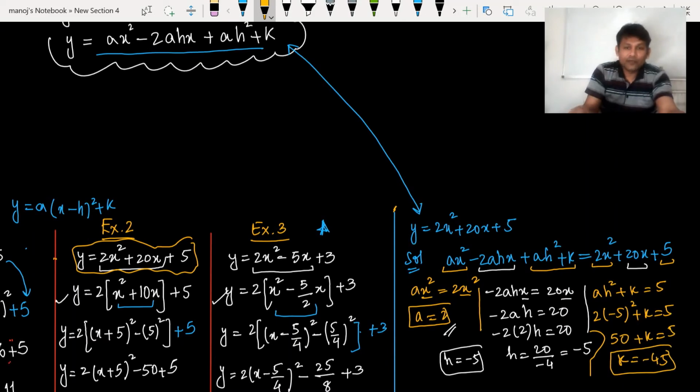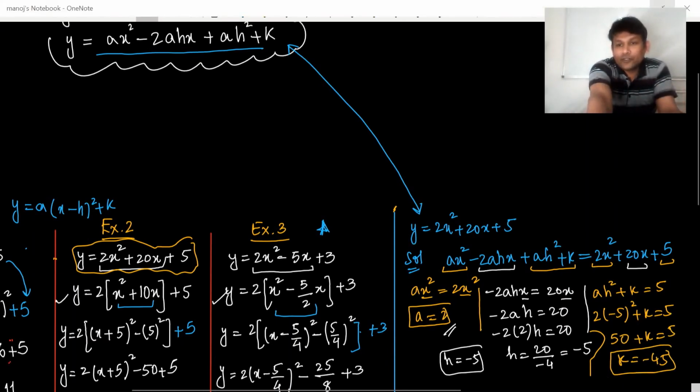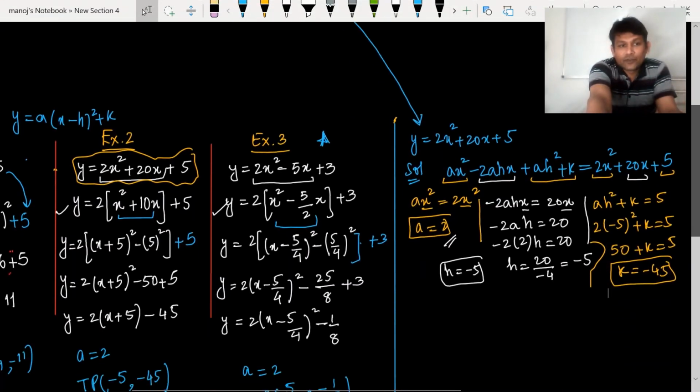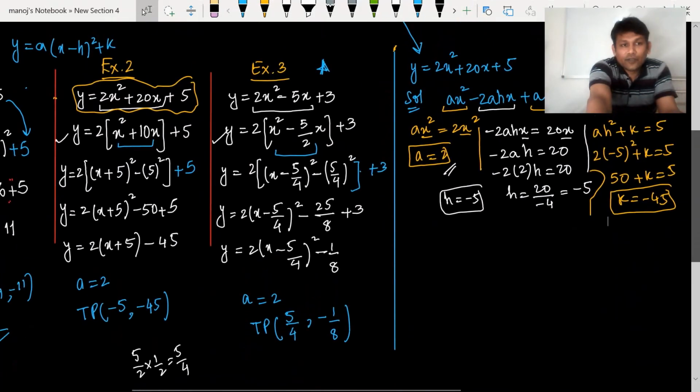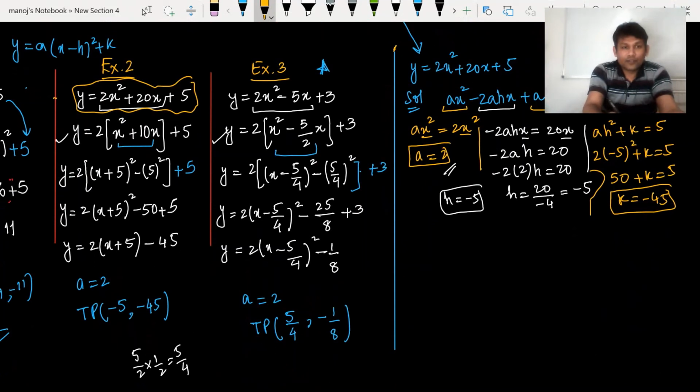Now what we have to do is use these values. And I have to copy this equation here on the left hand side. You can see I want to copy this. Y is equals to a x minus h whole square plus k.